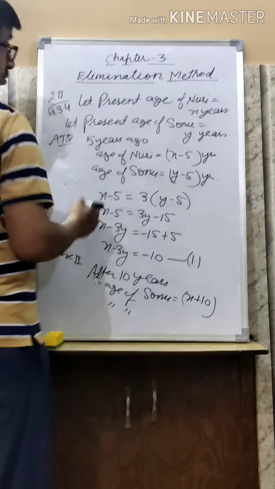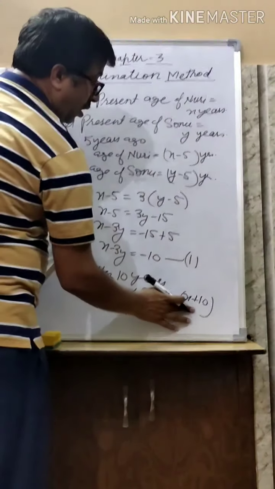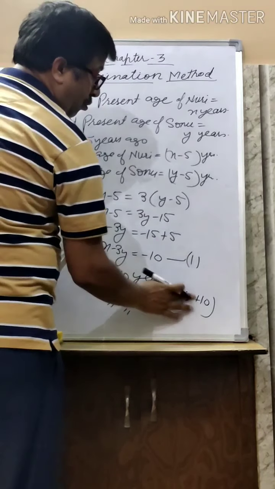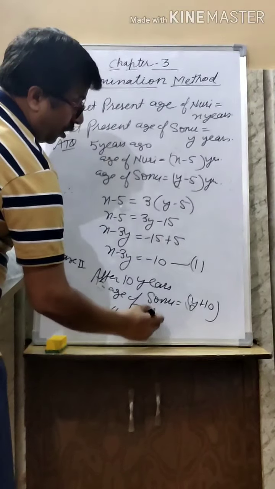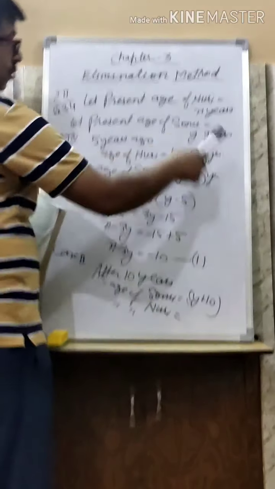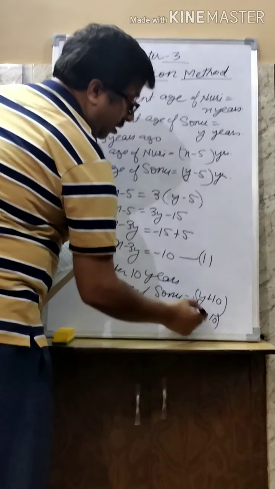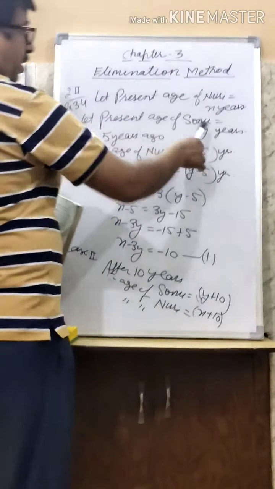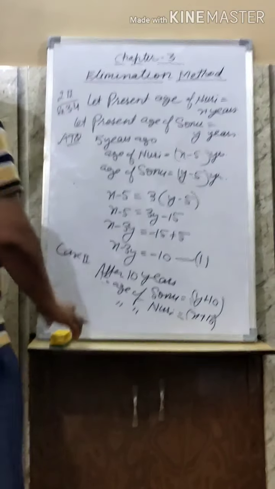Because Nuri's age here is, suppose, x, and this is x plus 10. Sonu's age here is, suppose, y. So after 10 years, Sonu's age is y plus 10 years.